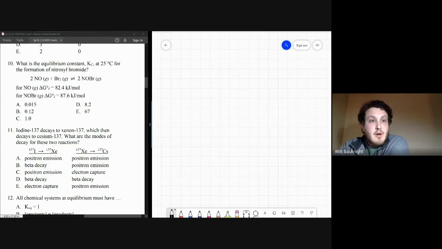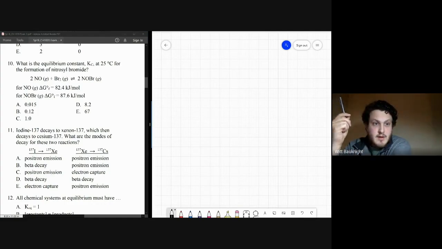So we're asked, what is the equilibrium constant Kc at 25 degrees for the formation of nitrosyl bromide? And we have a reaction, but then we're given the delta G formation of one reactant and one of the products.